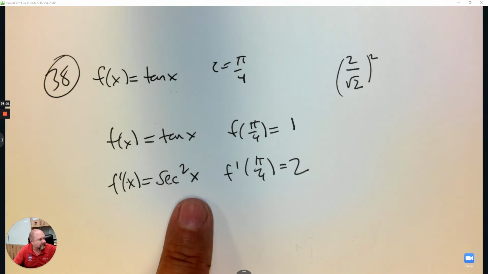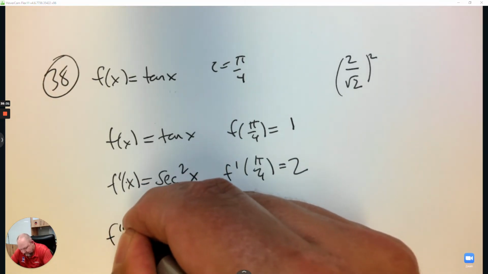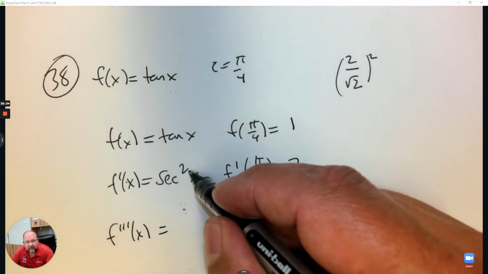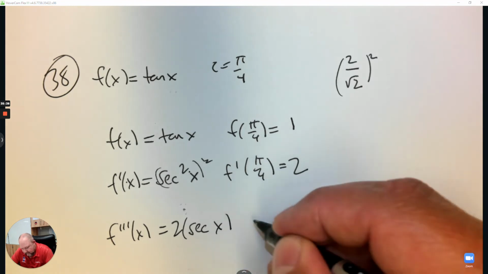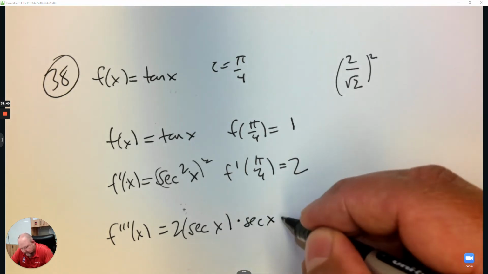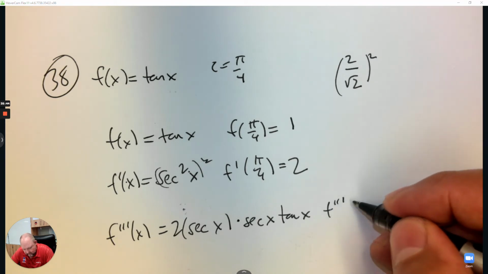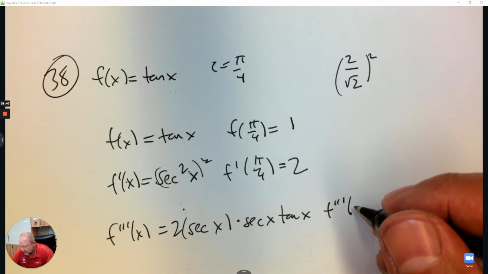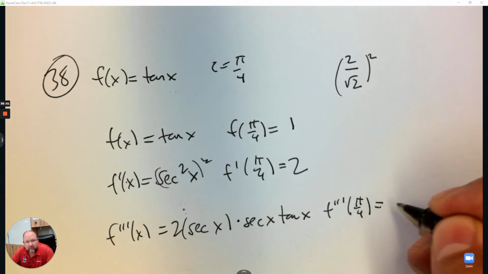Oopsie, I need this. Number 38. The third derivative, think of this as secant squared, is 2 secant, and then the hook, which is secant tangent. And then the third derivative, how many am I doing? I plead 3, right? Good. This is the last one I want to do. Pi over 4.